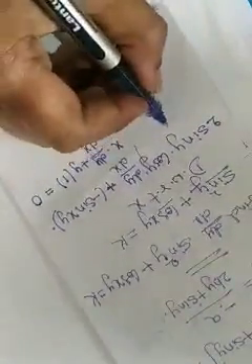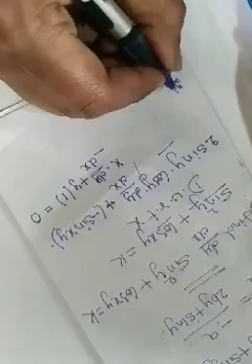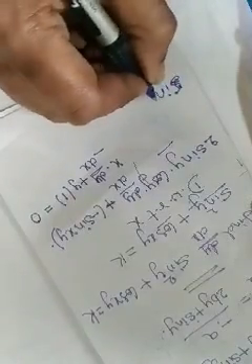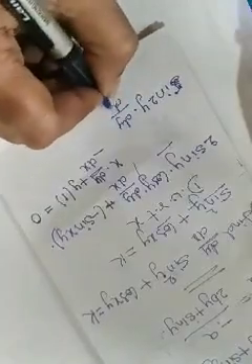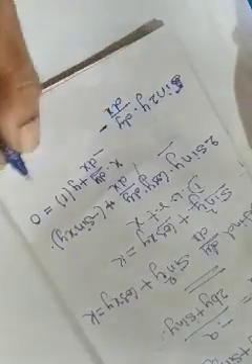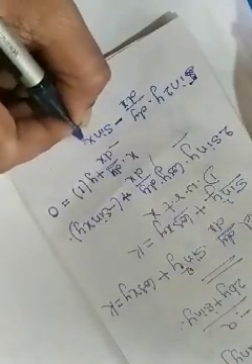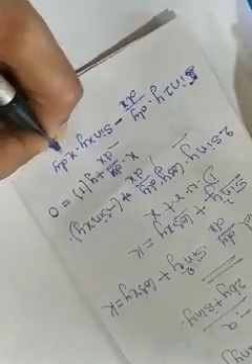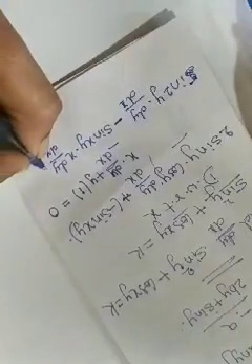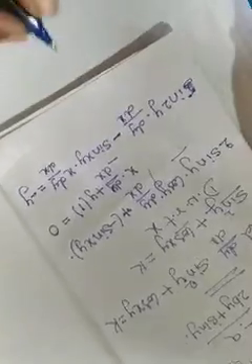Group the dy by dx terms. 2 sin y into cos y can be written as what? Sin 2y into dy by dx minus sin xy x into dy by dx is equal to minus y.